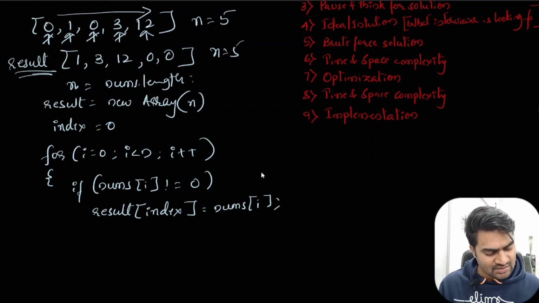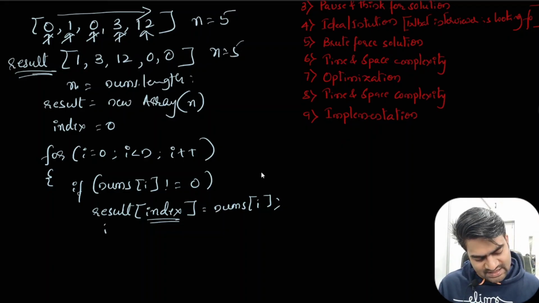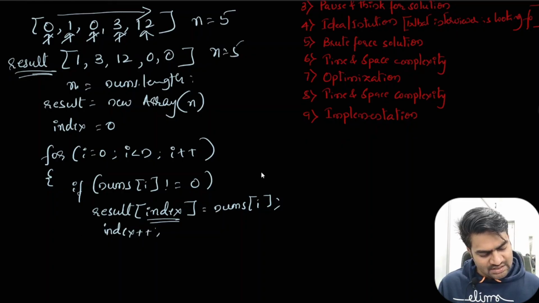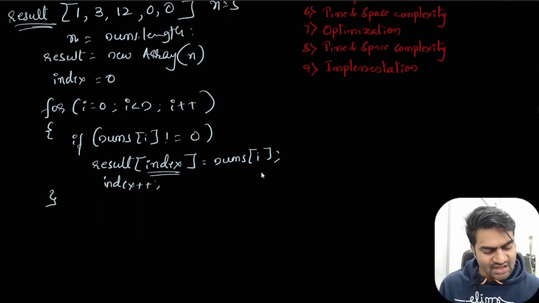Then I need to increment this index because next time it should place the number at the next index. So I will say index plus plus. Then I will close this loop.